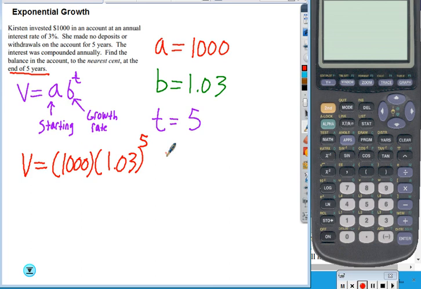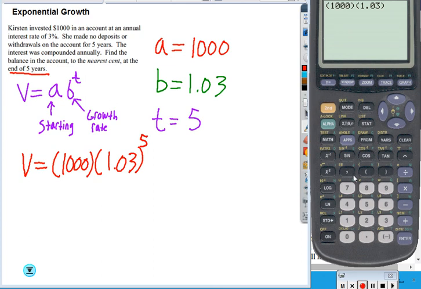Now we let our calculator do the work for us. We turn it on, and we clear it out, or do second quit. And now we type in exactly what we see. Here's how you do this. Parentheses, 1,000, close parentheses, parentheses, 1.03, close parentheses.